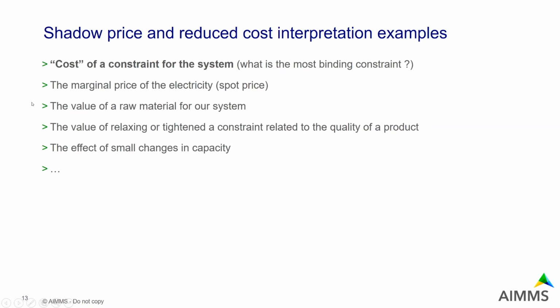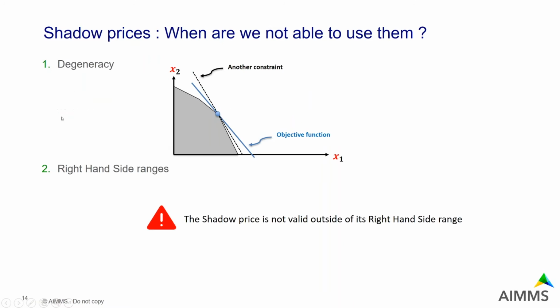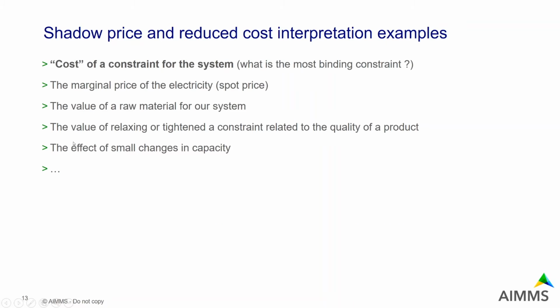A raw material that we are using to build a product would have a price determined by our model, and then we would compare it to the real market price for this raw material, and determine whether we should use this raw material or not.